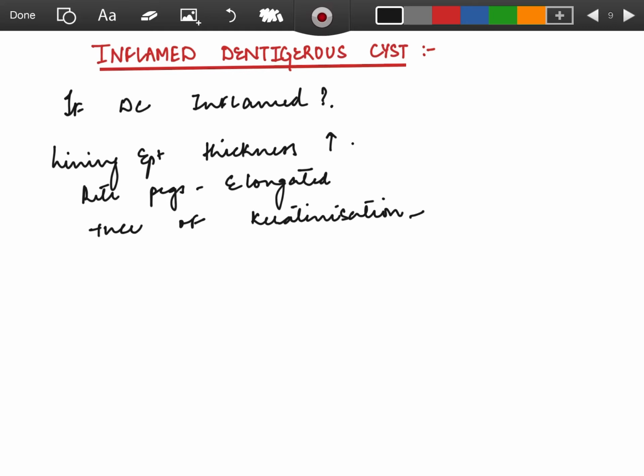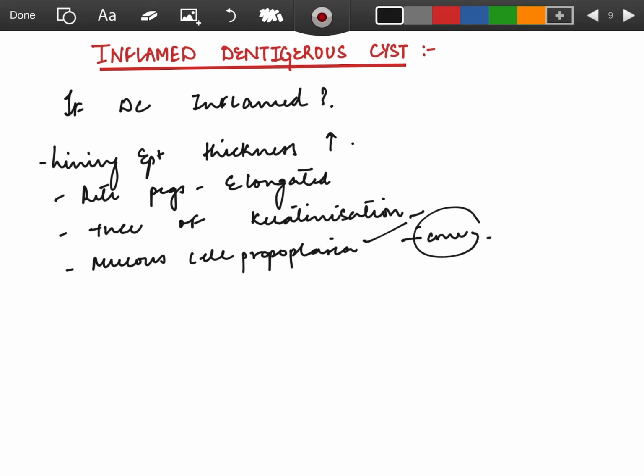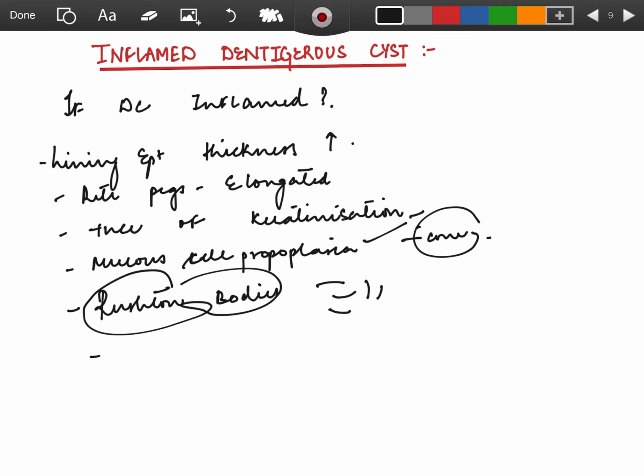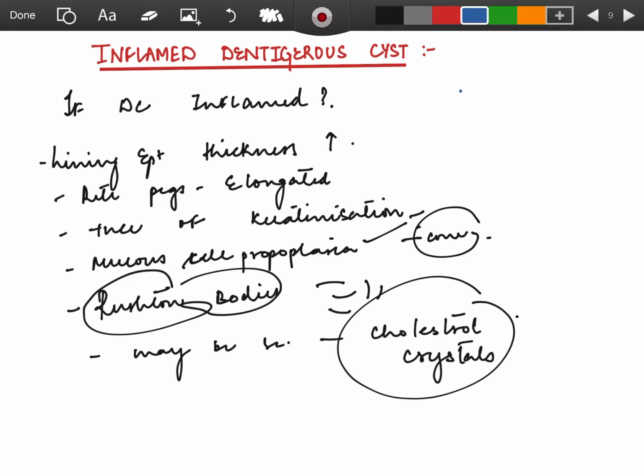There is also mucous cell prosoplasia, which is seen in the conventional type and also in the inflamed type. And there is a presence of Rushton bodies. Rushton bodies are curvilinear, arc-shaped structures, basically the walls of RBCs, seen in the inflamed dentigerous cyst. And there may be the presence of cholesterol crystals, which are basically seen in the radicular cyst.